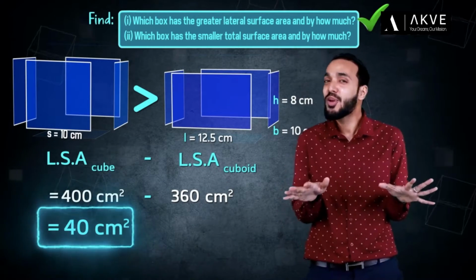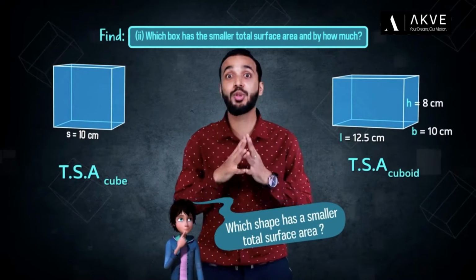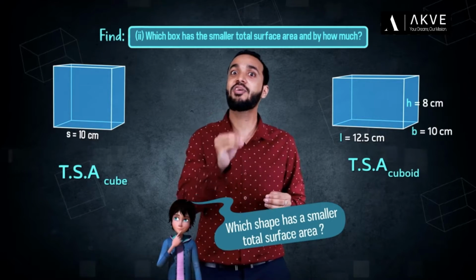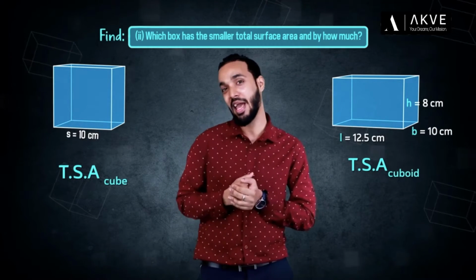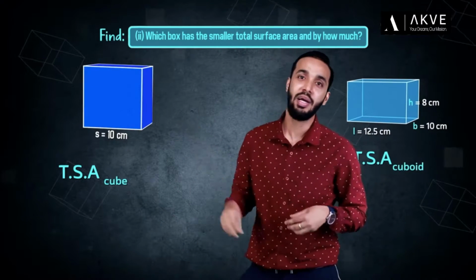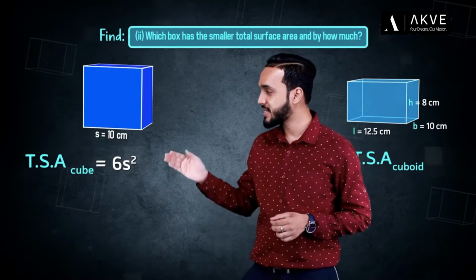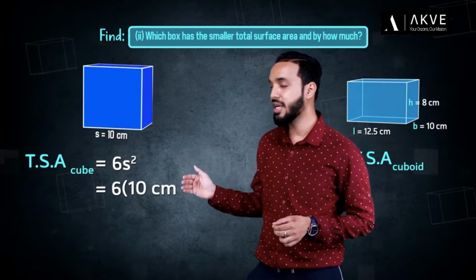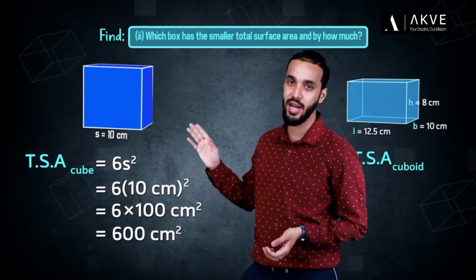Did you guess it right? Great! If not, no worries. Here's another chance. Which shape of the two do you think has a smaller total surface area? Made your guess? Let's see if you are right again. So, for this cube, its total surface area would just be 6S squared, which is the same as 6 into (10 centimeters) squared, which just simplifies to 600 square centimeters.